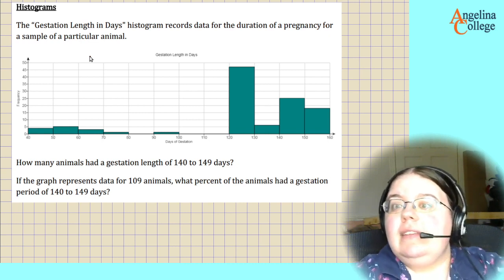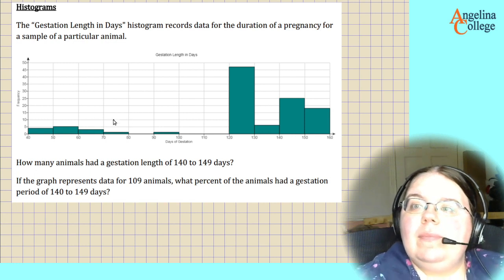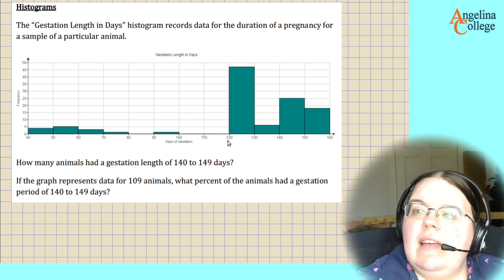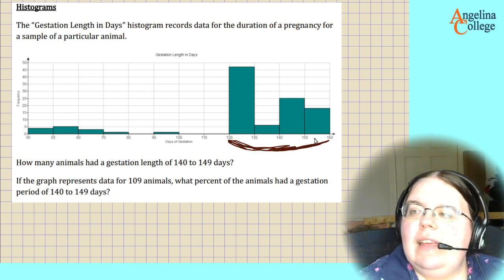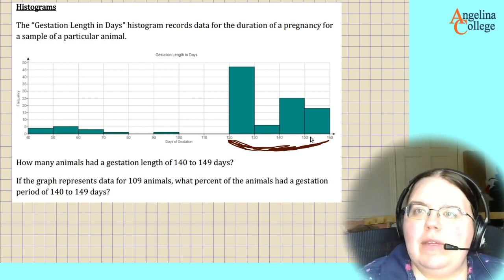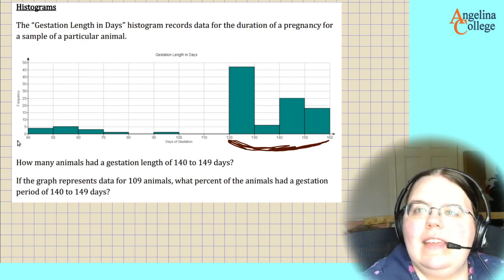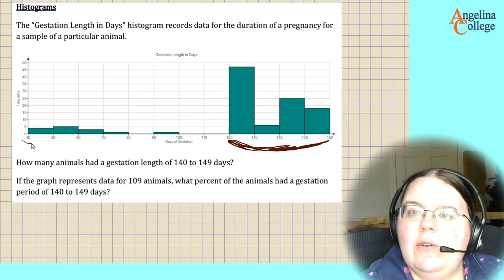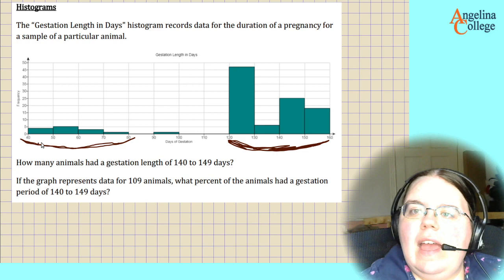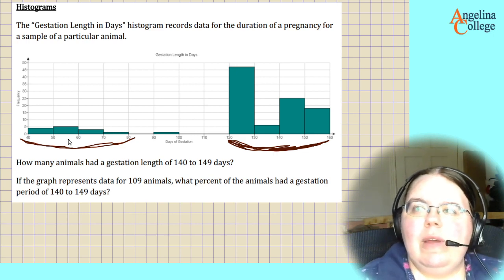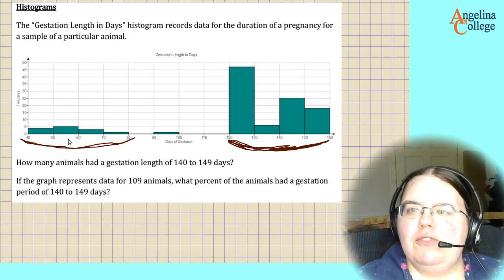that could be interesting. So it seems like through here is where most of the sample is, so I guess that's the lengths of the normal healthy pregnancies in this species. And then over here we have a much lower cluster, and I'm guessing that that would represent typical premature lengths.